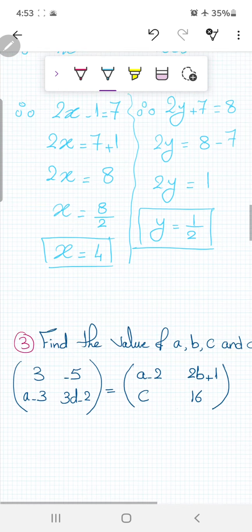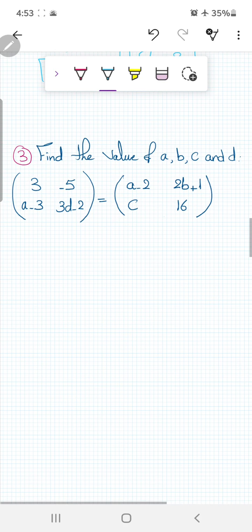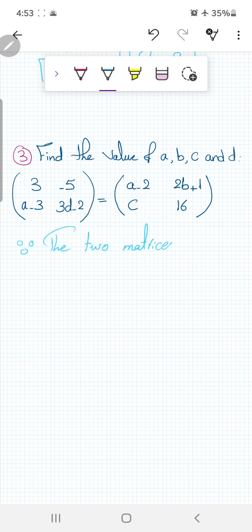Okay, another example. Find the value of A, B, C, and D. Here we have two matrices with the same order, so their corresponding elements are equal. Since the two matrices are equal, their corresponding elements are equal.